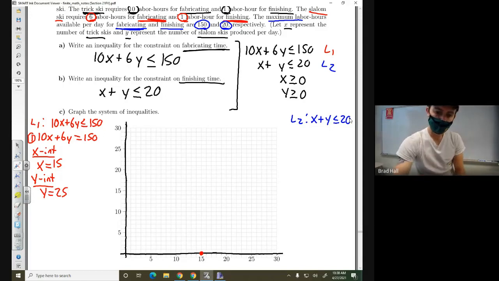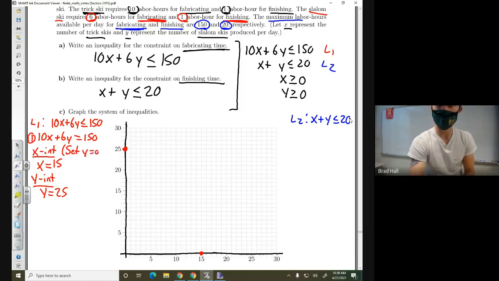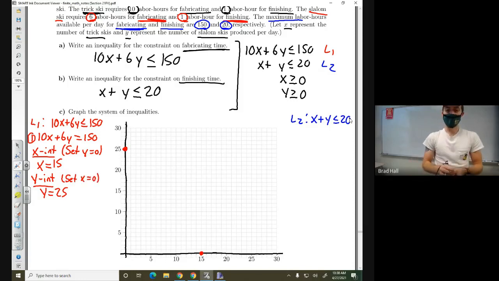So there's 15, and there's 25. Again, the x-intercept is found by setting y equal to 0. I'll let you figure out the little bit of algebra there. Y-intercept, setting x equal to 0. Same idea, I'll let you figure out the algebra there. You should get 15 and 25 respectively.